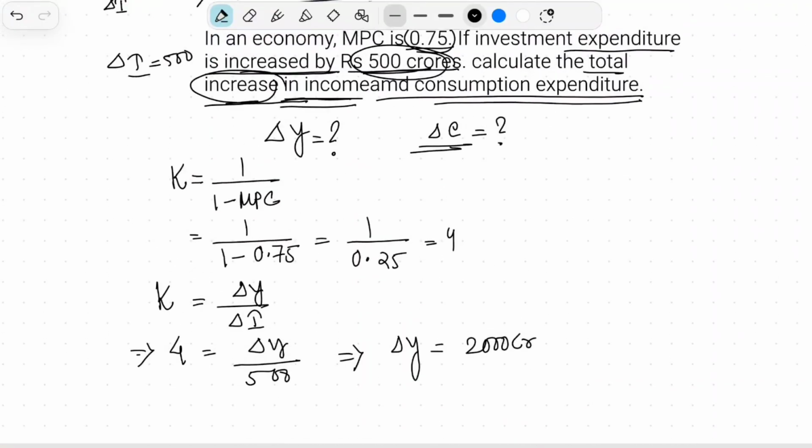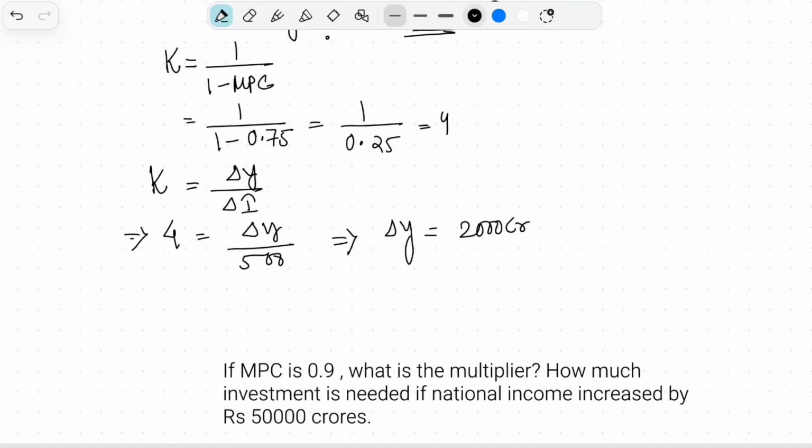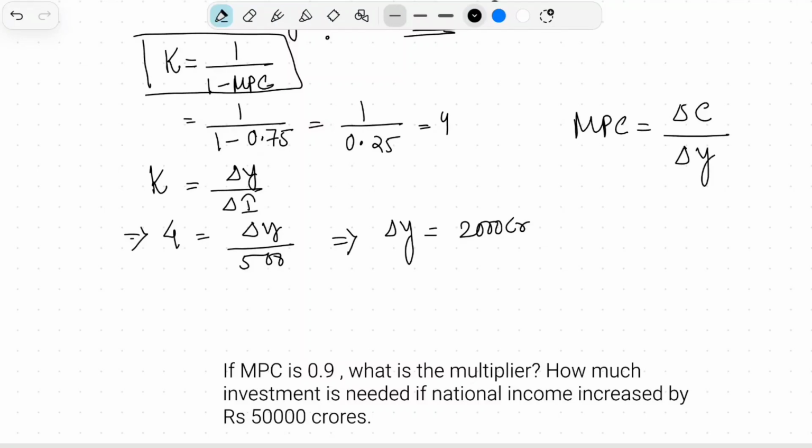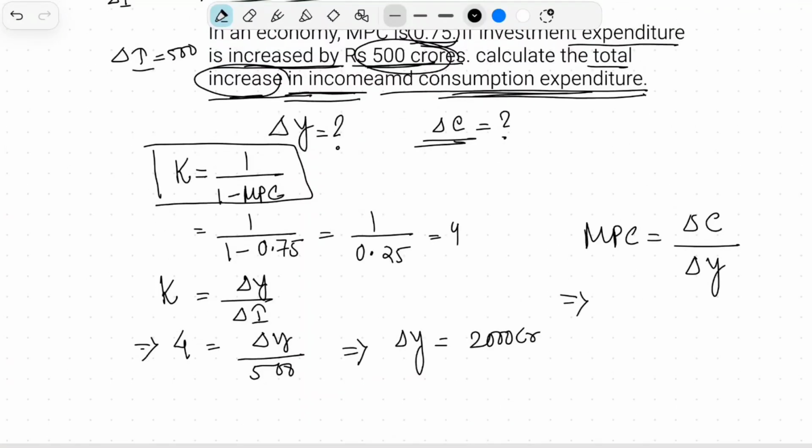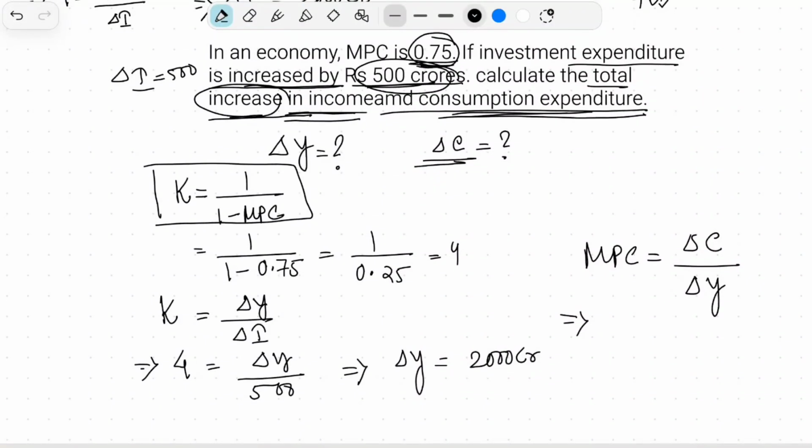Next we have to find consumption expenditure, that is change in C. How can you find out change in C? You cannot find change in C using the formula of multiplier, but you can find using the formula of MPC. If you remember the formula of MPC, which is change in C divided by change in Y. The marginal propensity to consume given in the question is 0.75.